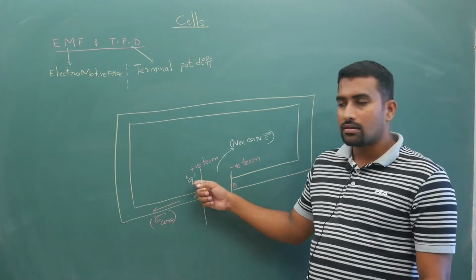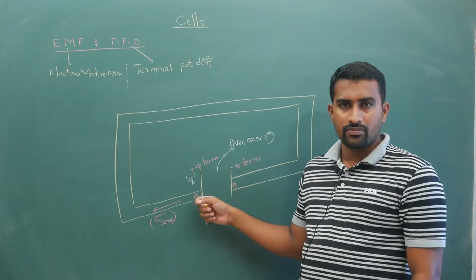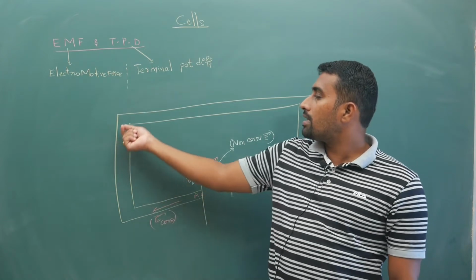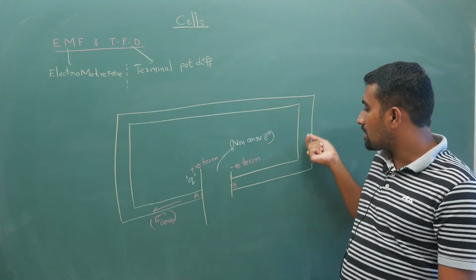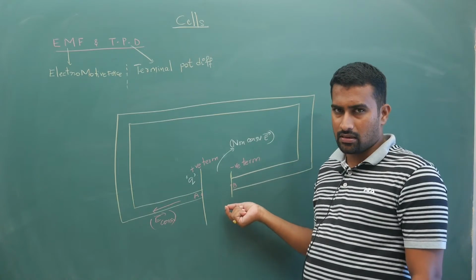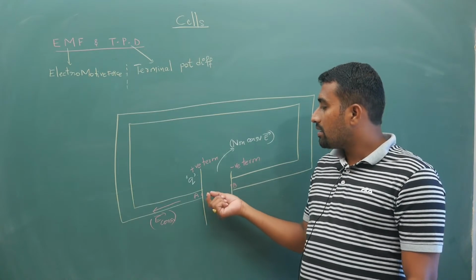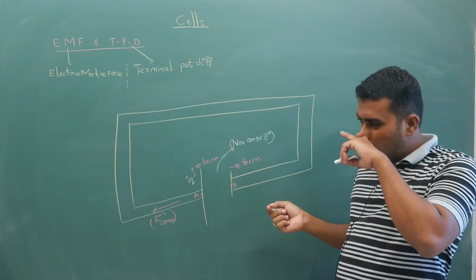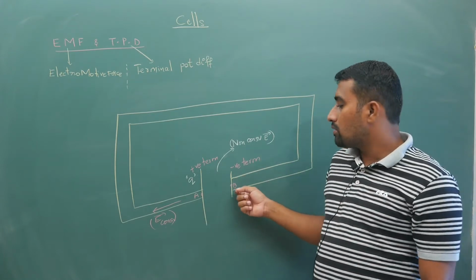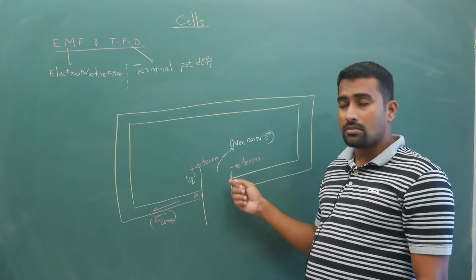If you take this plus q charge from here and bring it along this external circuit and place it here, from A to B, you have a conservative electric field from A to B.